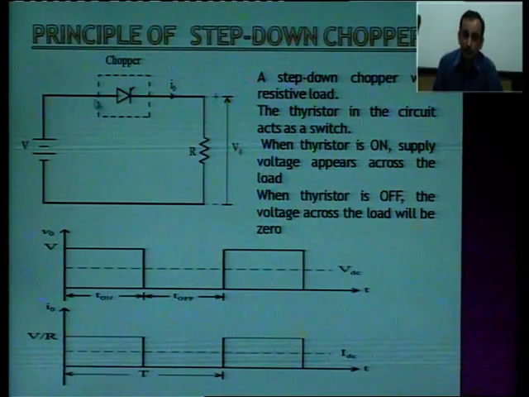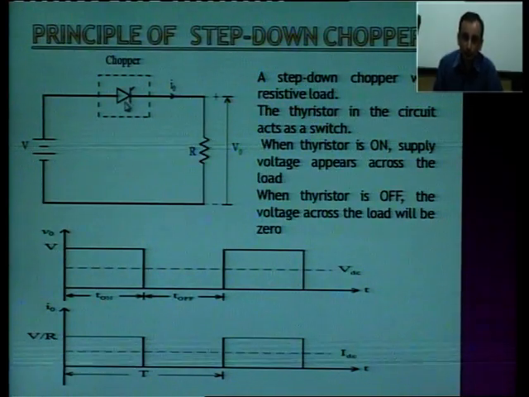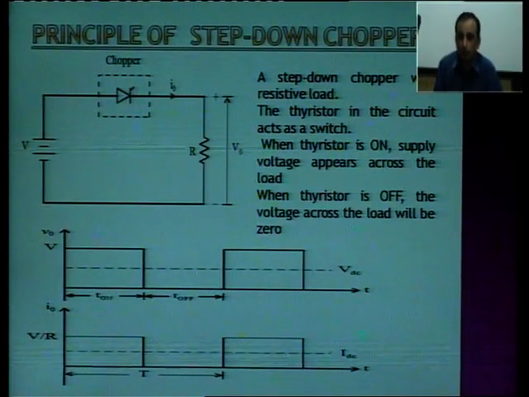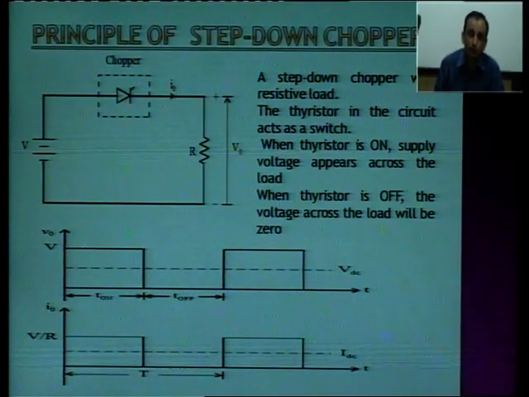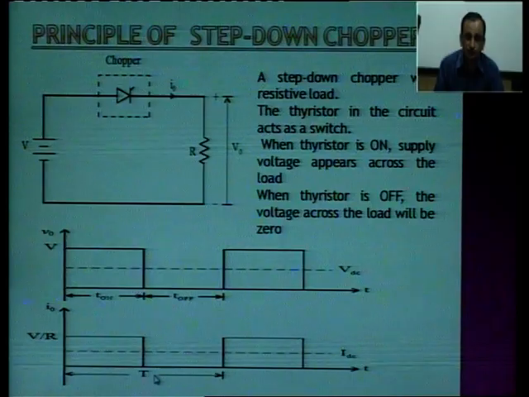We must remember that in a chopper, particularly with a thyristor, we do not have any control once it is turned on. It can be turned off only if we apply a reverse voltage across it. That is why this dotted line is given, showing the provision that it can be turned off at your will whenever you want. Whenever the voltage is available across this, some current is passing through it, and that is shown by this figure.